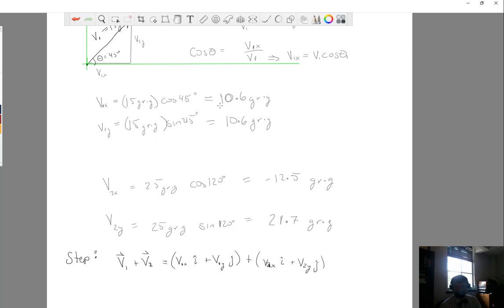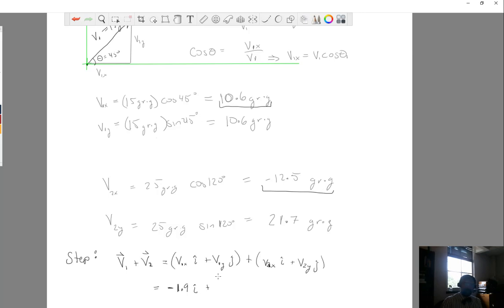So basically you have 10.6 minus 12.5 in the i hat direction. So we plug in 10.6 minus 12.5, we get negative 1.9 in the i hat direction.